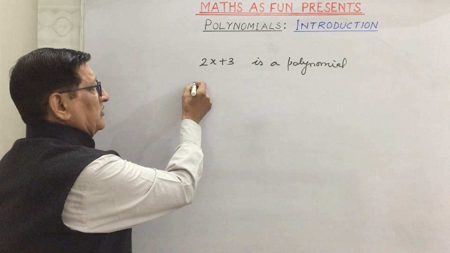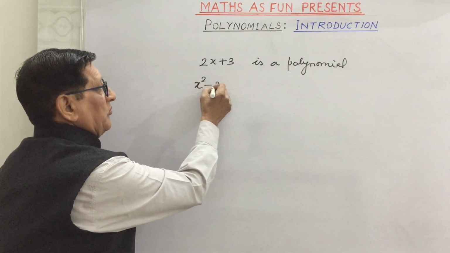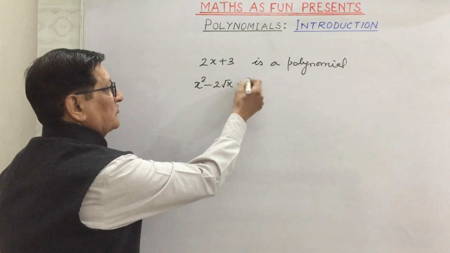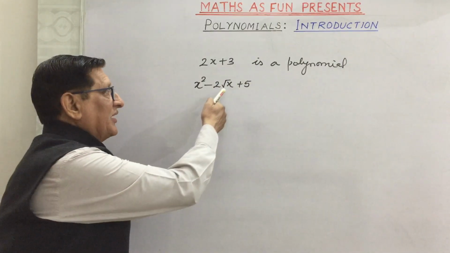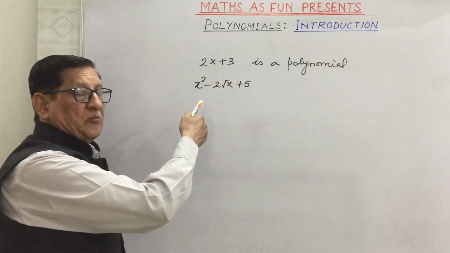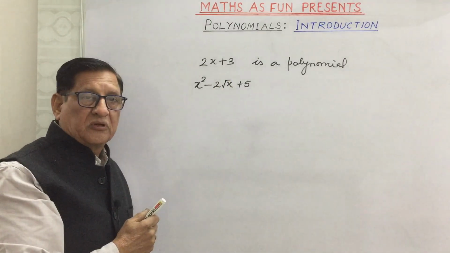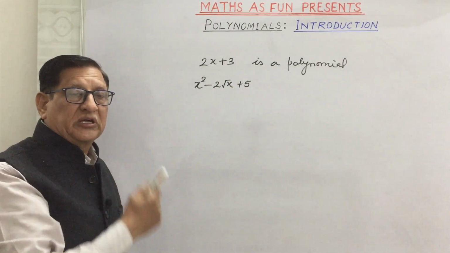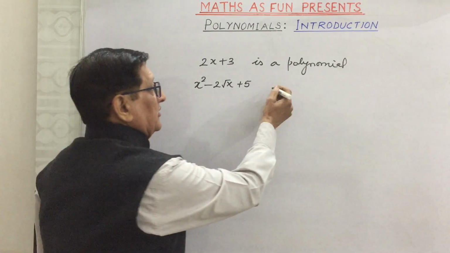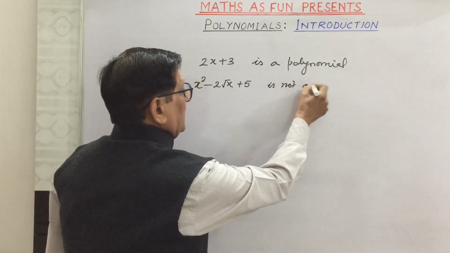If we have another one like x square minus 2 root x plus 5, here we find this is root x, means the power of x is half, which is not a positive integer, so we say it is not a polynomial.